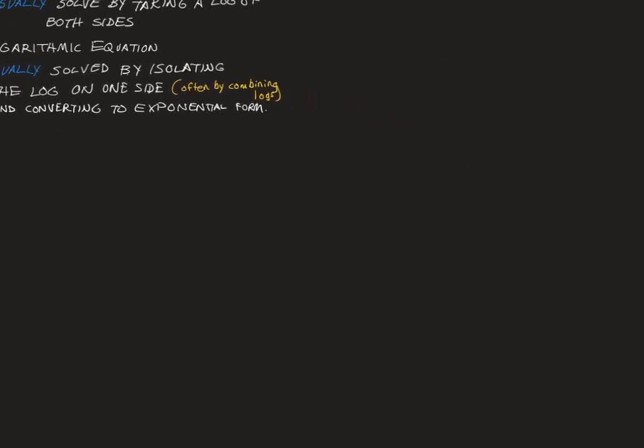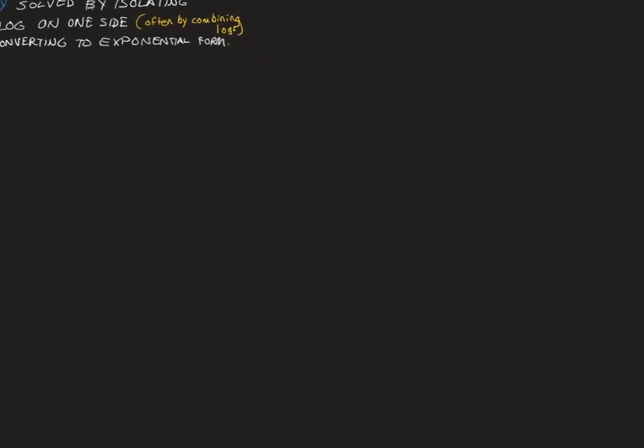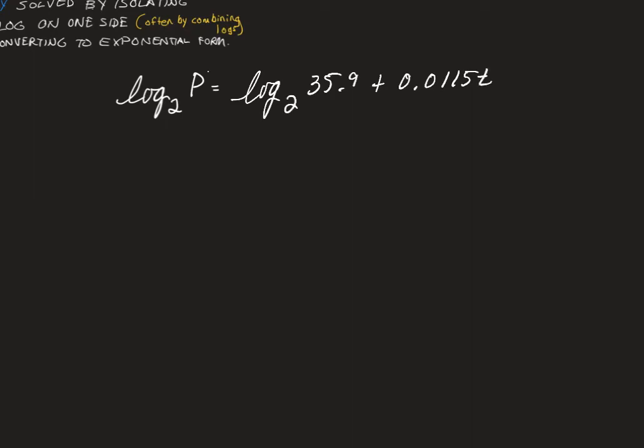Okay. An analysis of population in Canada has returned this equation to explain the population growth of Canada. The log base 2 of p equals the log base 2 of 35.9 plus 0.0115 t, where p is the projected population in millions.